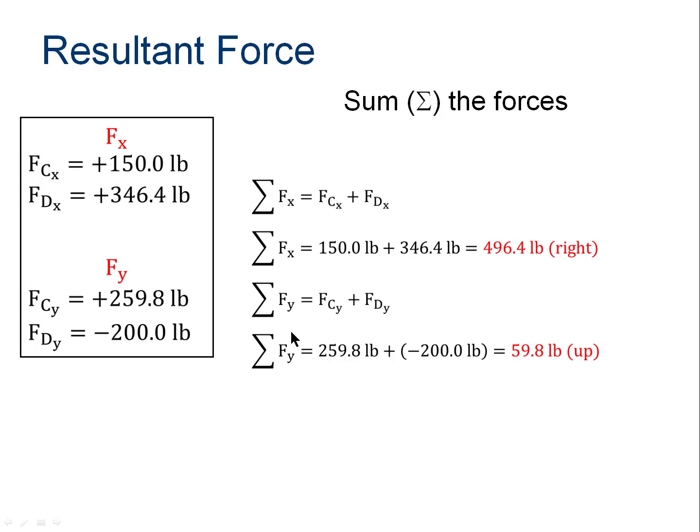The sum in the y component is FC sub y, which was positive, it was up 259.8, plus FD sub y, which is negative because it's going down. That ends up adding to 59.8 pounds up.